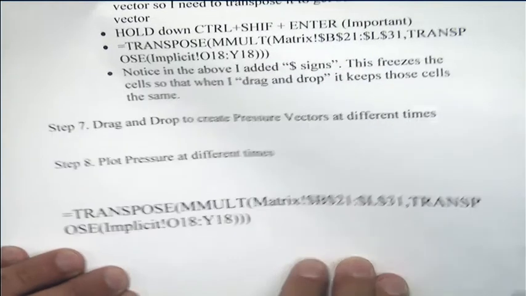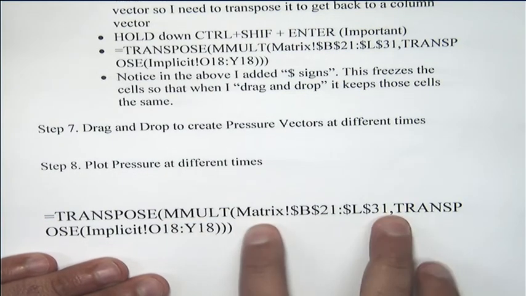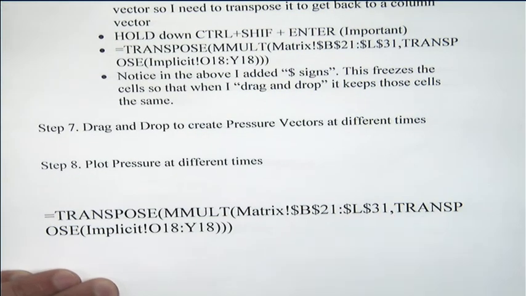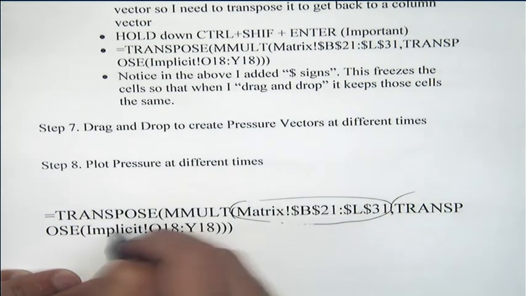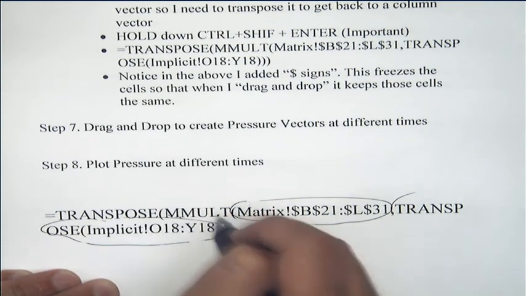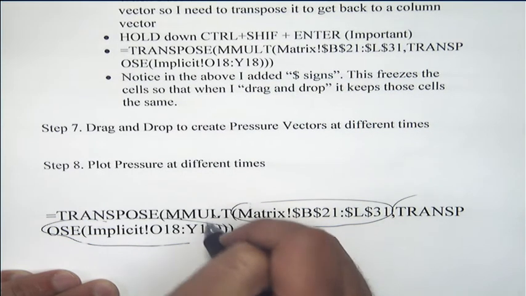I want to do matrix multiplication of that matrix, and I'm going to multiply this matrix by the transpose of that vector B, and I'm going to do the matrix multiplication there.